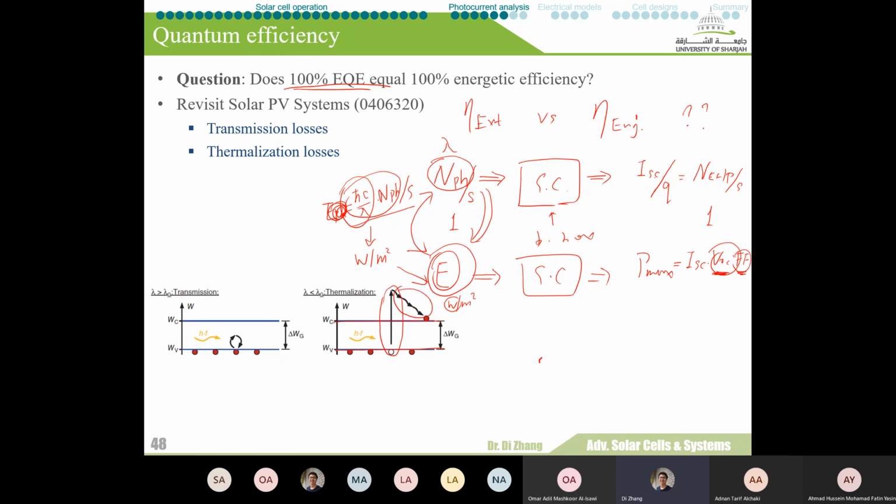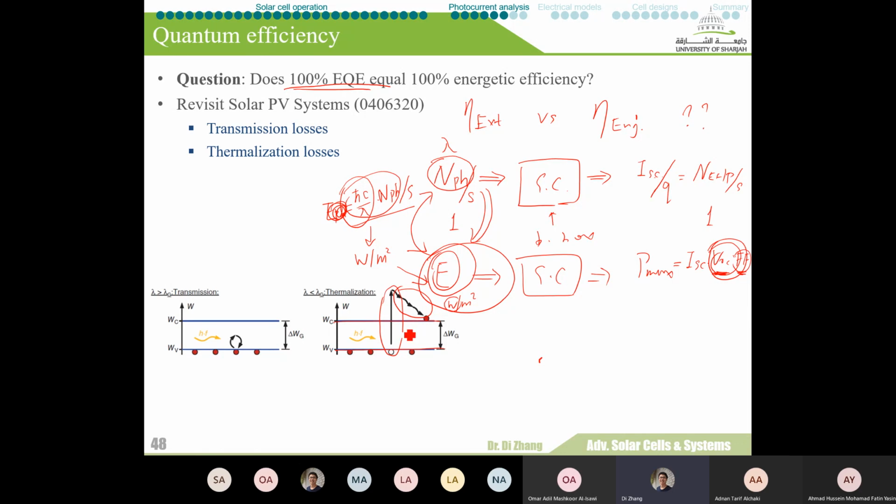So for the energetic efficiency, part of the incoming irradiance, or part of the incoming photon energy, will be lost automatically compared to the band gap. Therefore, if you compare against the potential you get from the solar cell or from the semiconductor, you will be losing some of the energy.